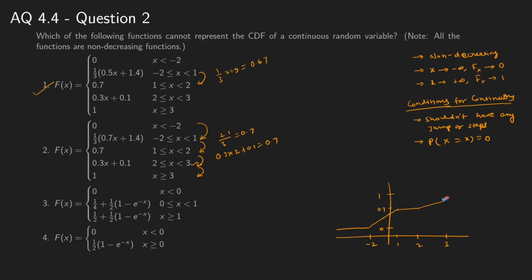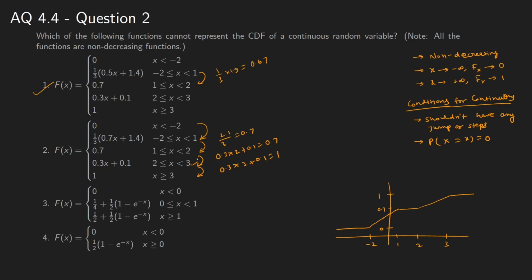It has a jump. But this line is such that when x approaches 3, we have 0.3 times 3 plus 0.1, so it will become 1. So the second last piece of the function is such that when x approaches 3, it becomes equal to 1, and after that also it becomes equal to 1 because it is a CDF.